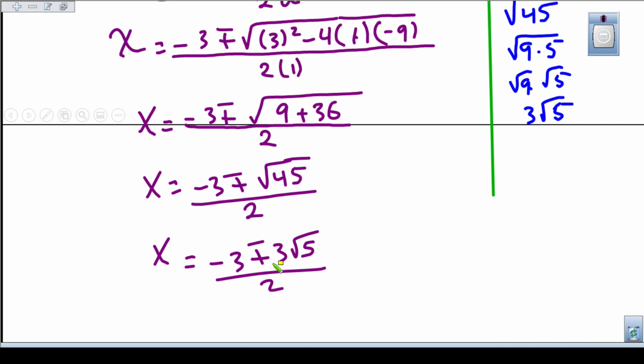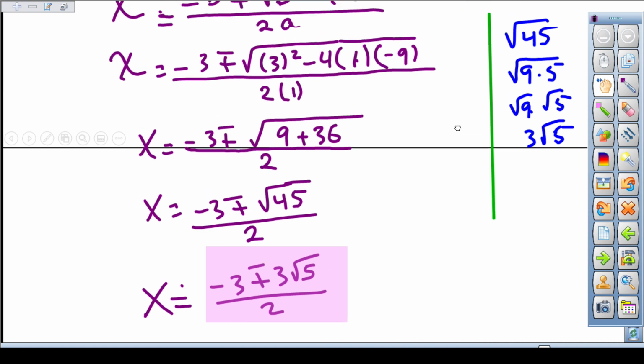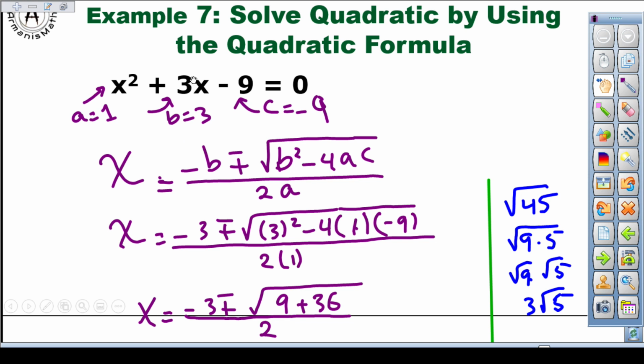So what did we do for this quadratic formula? Well, you've got to know the ABC. The A and B are the coefficients, A being the coefficient of the x squared and B the coefficient of the x, and C is just a constant.